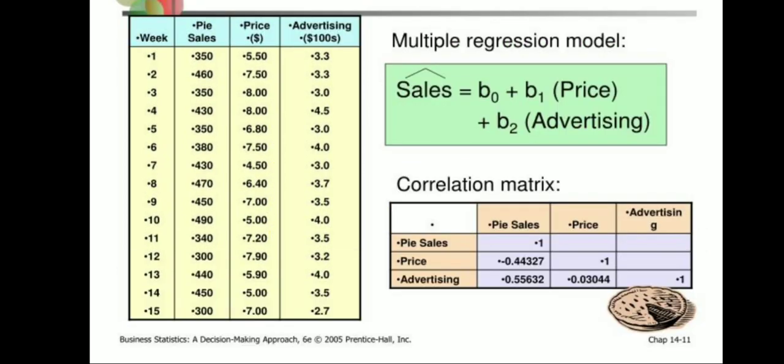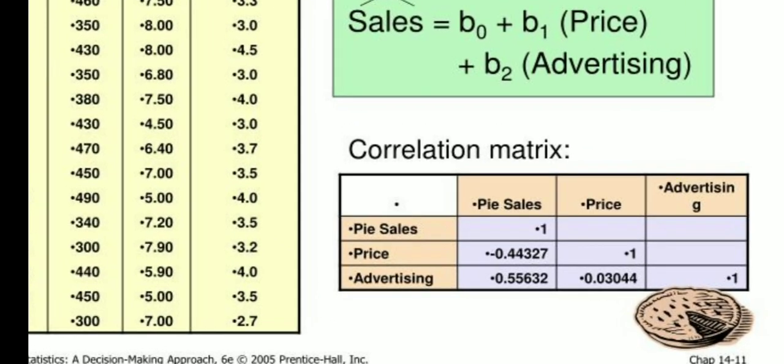Now you have to estimate the regression equation by using the least squares method, and hence you get the regression model like this. The correlation matrix is like this. The correlation between price and pie sales is minus 0.44, and pie sales with advertising is minus 0.5563.